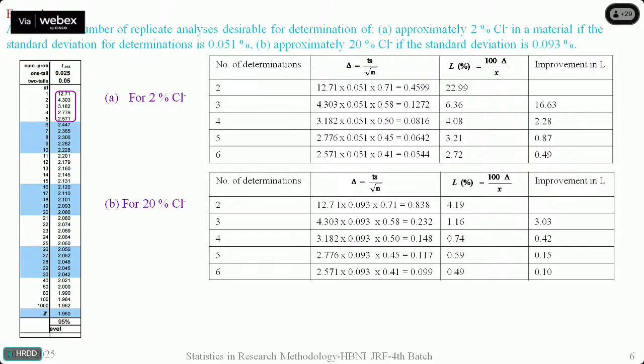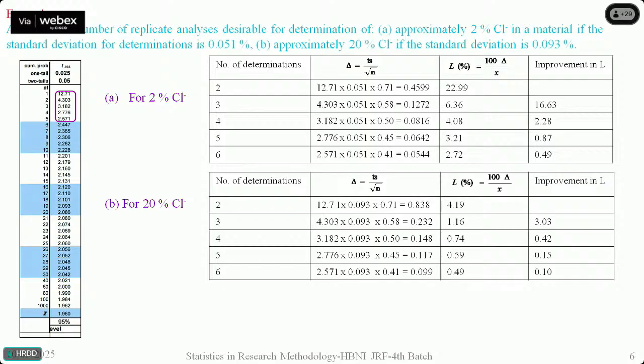A very good amount of improvement is there, isn't it? When you go from 3 to 4, the increment is less. When you go up to 5 or 6, the improvement has decreased, marginal only. This is almost similar in trend compared to the T value increment.